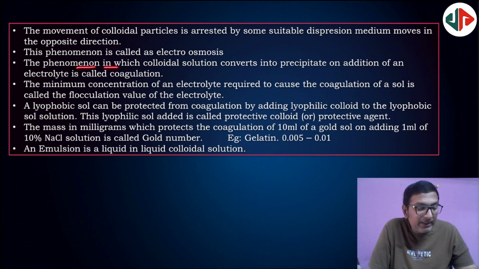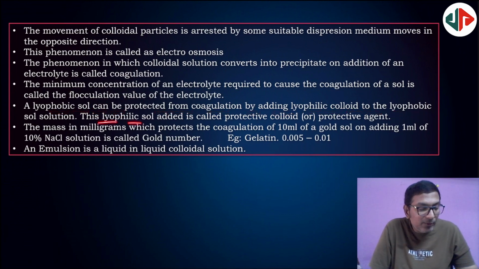Next, the phenomenon in which a colloidal solution is converted to precipitate by the addition of a suitable electrolyte is known as coagulation. Next, the minimum concentration of electrolyte required to cause coagulation is known as coagulation value or flocculation value. Next, a lyophobic sol can be protected from coagulation by the addition of a lyophilic colloid.